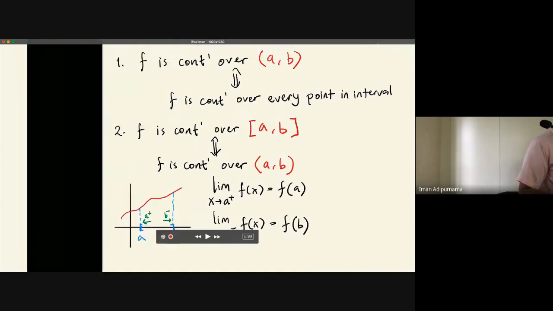This is the definition for a closed interval. So at least you have these three.